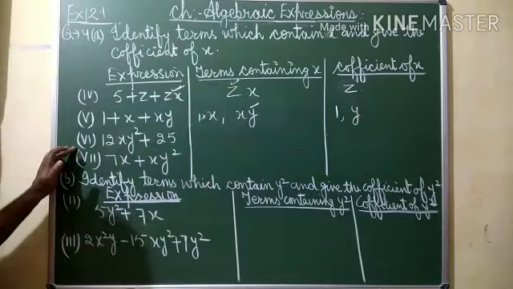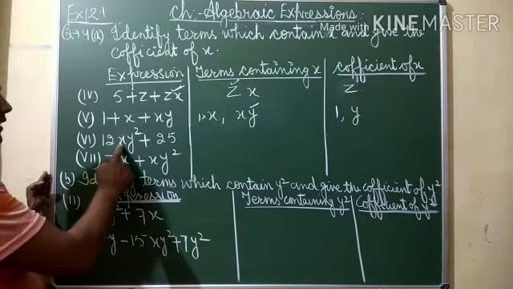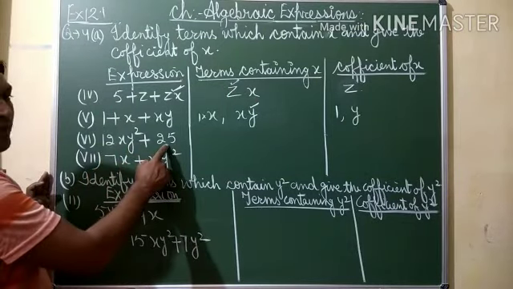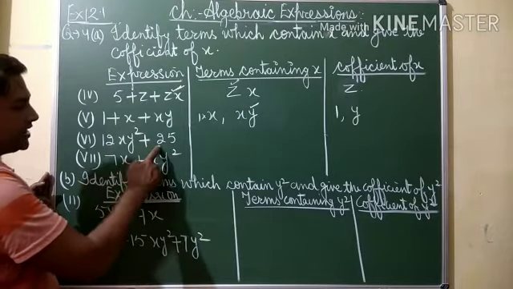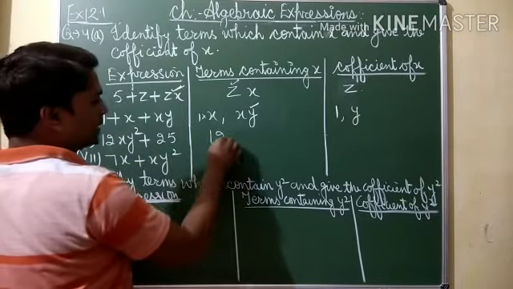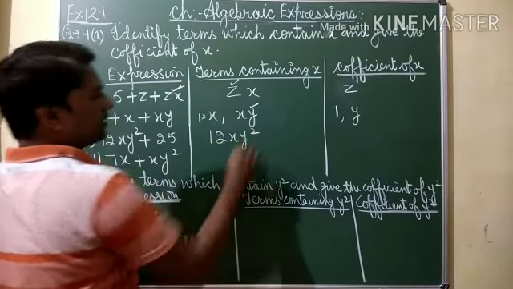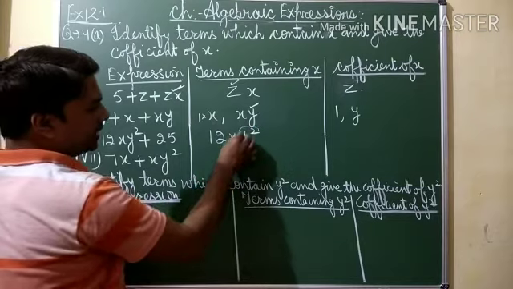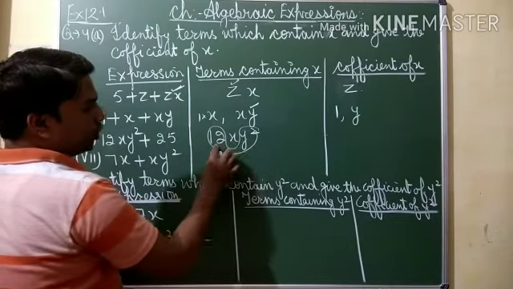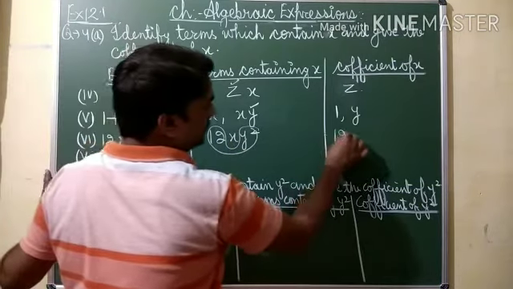Next, sixth part, the given expression is 12xy square plus 25. Now the term containing x in this expression is 12xy square. Now the coefficient of x in this term is 12y square.